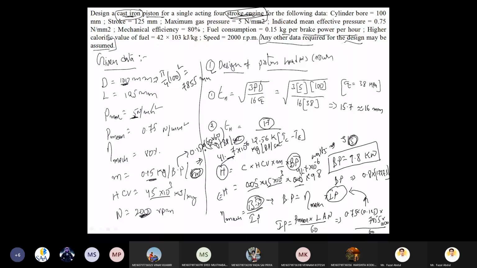So h value is 860 watts. H value is 860 watts. Okay, Babu. So after getting the H value, we need to substitute the H value here.